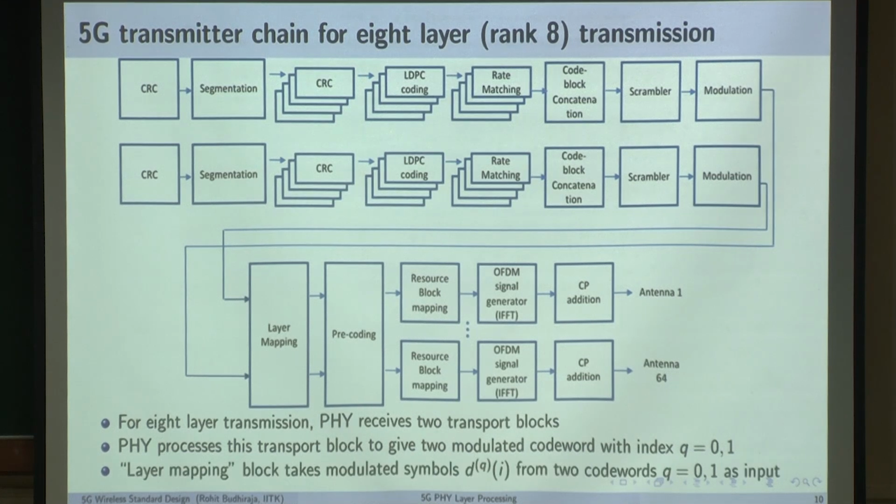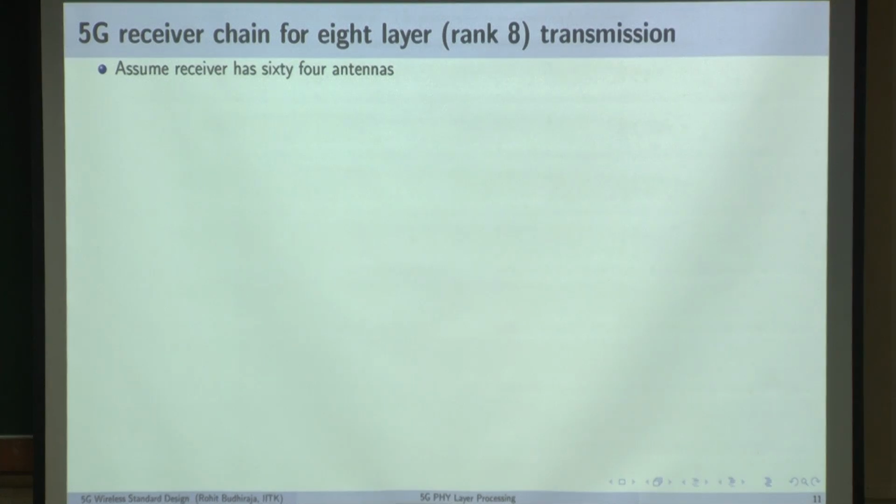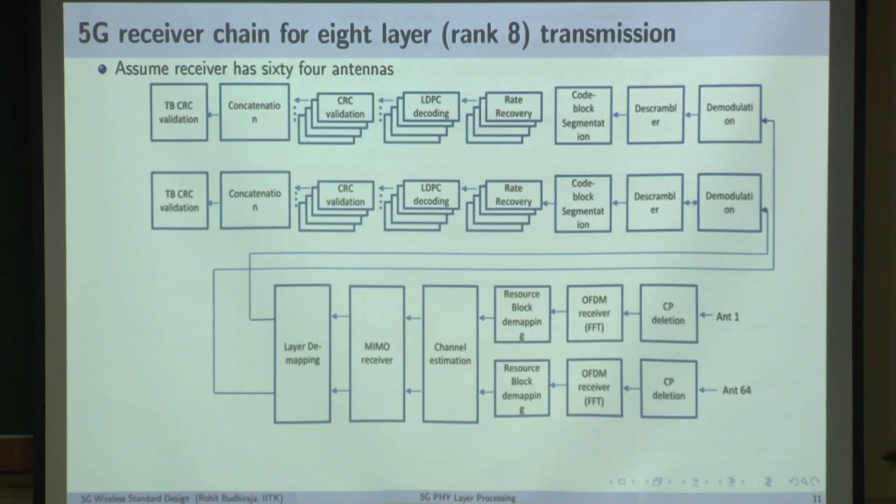The layer mapping block takes these modulated symbols d^(q)(i) from the 2 code words as input, and we exactly know how they get mapped onto different layers. In this case, I'm just assuming that the receiver has 64 antennas, just for example. You are doing it for some system, for some UE, some high-end UE like a laptop.